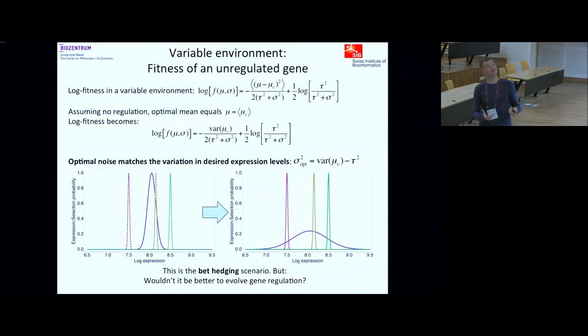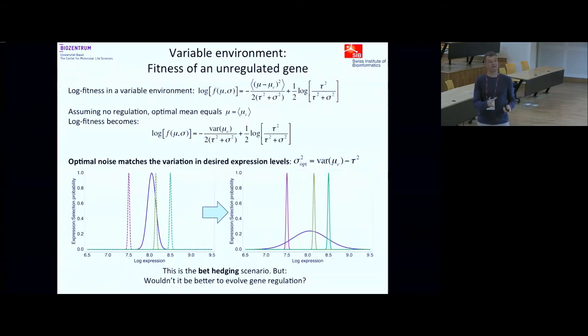If you work it out, you'll see that it's given as the mean of the promoter minus the mean in an environment, squared, averaged over all environments. Right, so this is the average distance squared between the mean of the promoter and the means across the different environments, divided by the sum of tau squared and sigma squared. And then here is another term that depends on the tolerance and the variance.